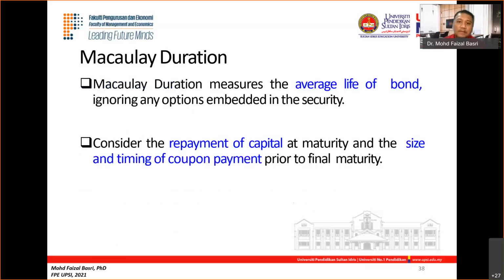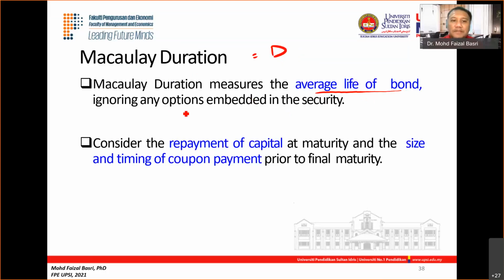Okay, so the first measurement when we talk about duration is what we call Macaulay duration, or simply we use the symbol D. This Macaulay duration will measure the average life of a bond. And this Macaulay duration will ignore any options embedded in the security.